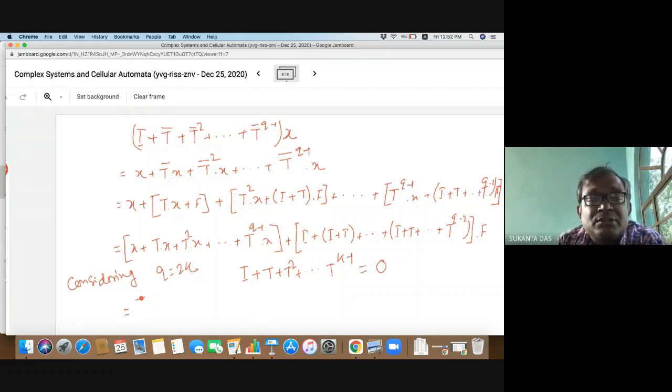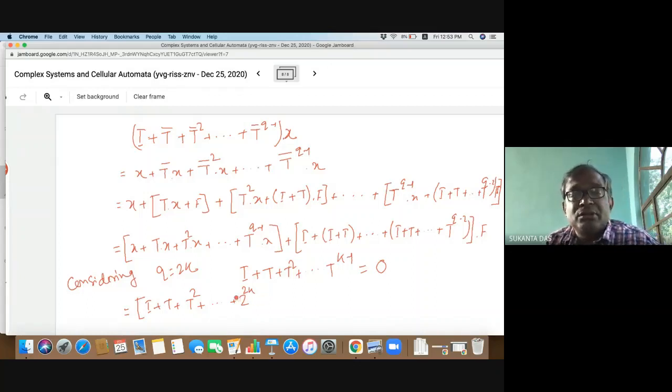So here I am getting I plus t square plus t to the power 2k. Sorry, q is 2k, so 2k minus 1, right?